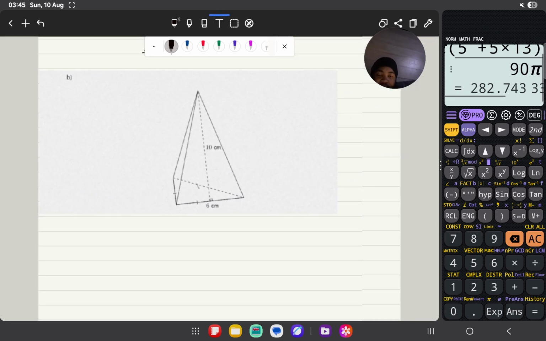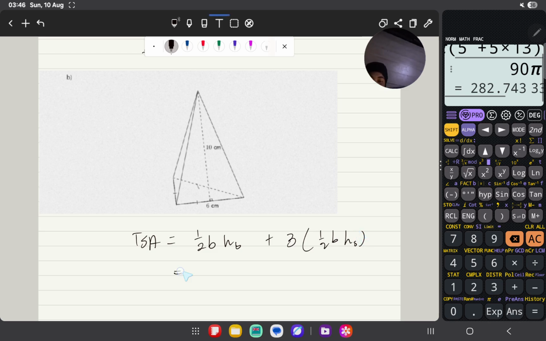And this one is the TSA of the triangular pyramid. It's going to be the area of the base, which is half base times perpendicular height of the base, and then there are these three triangles, so 3 times half base times perpendicular height of the sides.